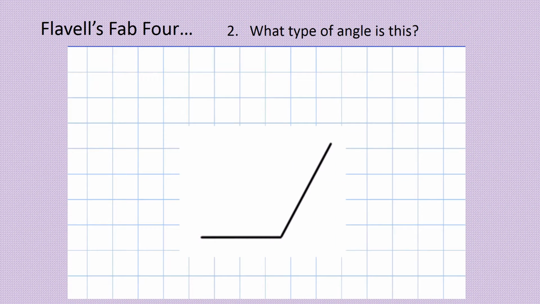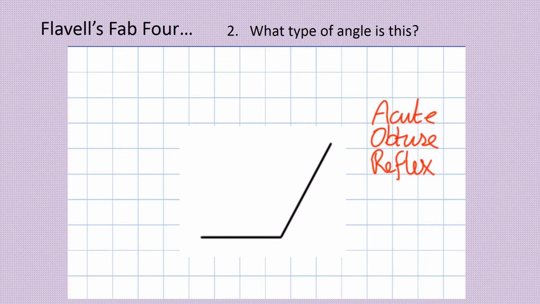Right, what type of angle is this then? Well, we have the choice of acute, obtuse, or reflex. Now acute is normally less than 90 degrees. Obtuse is between 90 and 180 degrees.